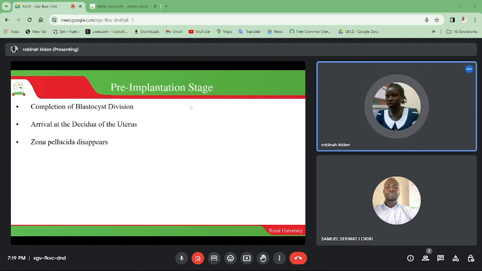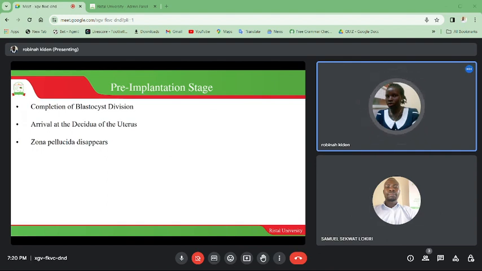Then we shall look into how a cleavage is formed. Then it divides into blastomeres. Then it divides into morula. Then after that, the blastocyst is formed. So that complete process is completed within the pre-implantation stage.